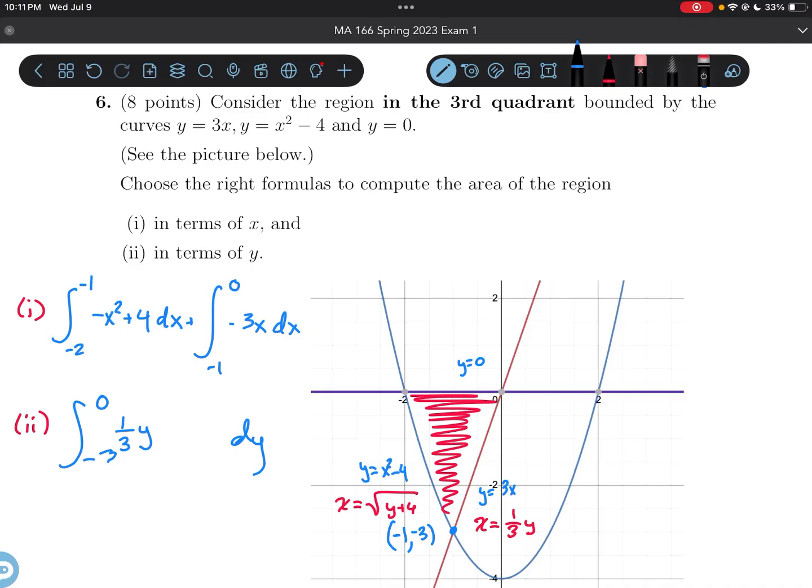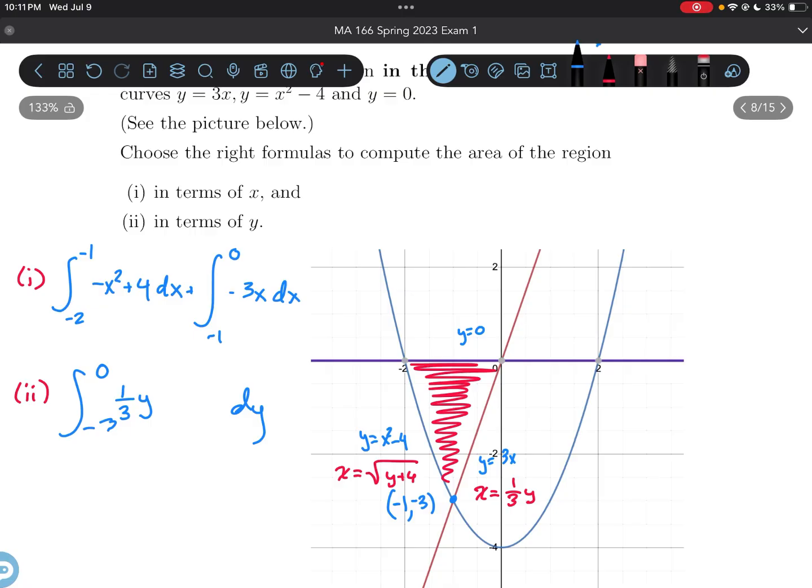Okay, and I made one slight mistake. I said x equals the square root of y plus 4 here. It's actually supposed to be x equals negative square root of y plus 4. This is a really small mistake that is tricky to see.